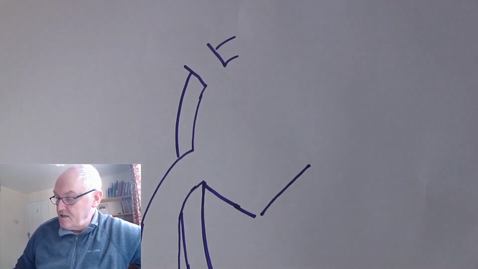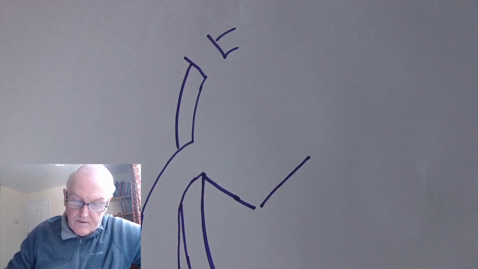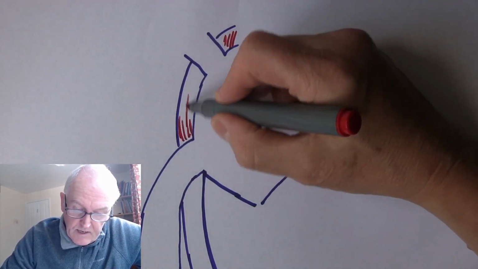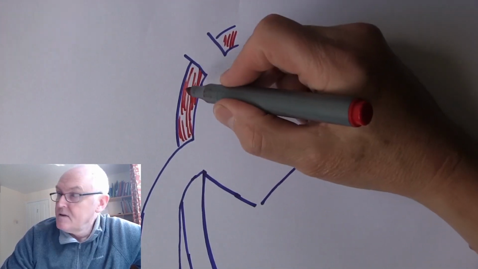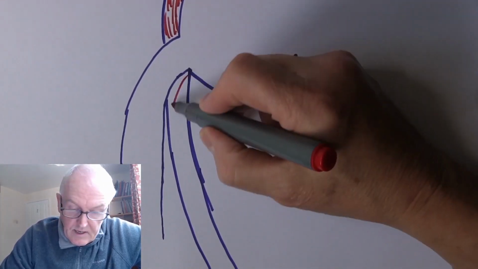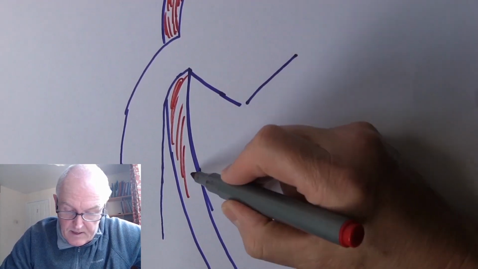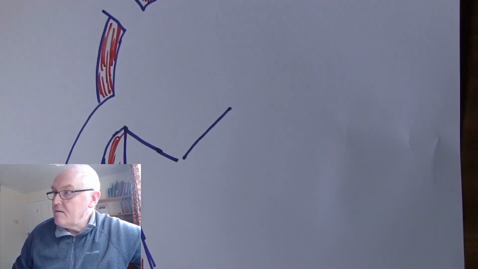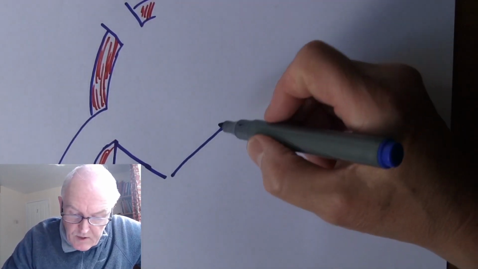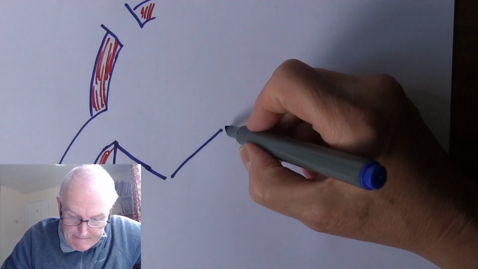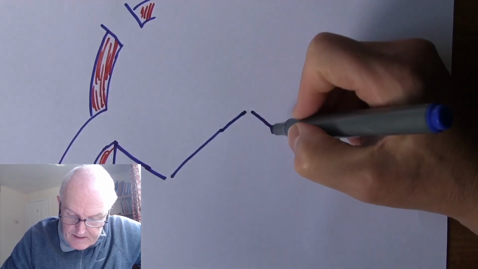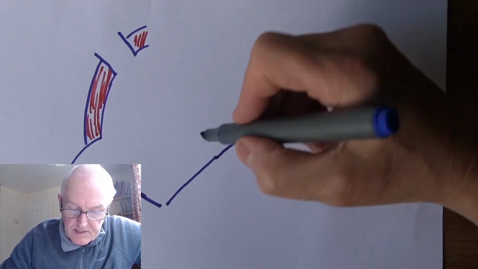And of course this is all composed of myocardium. This is atrial myocardium, and this will be right ventricular myocardium here. Now, what we also have, of course, here is the entrance to the pulmonary artery.